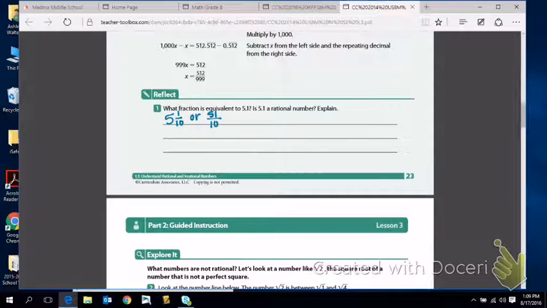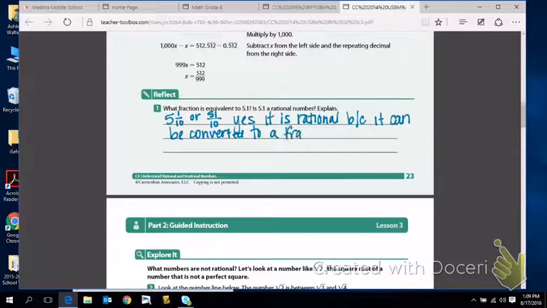We know this number is rational because it can be written as a fraction. We also know it's rational because it was a terminating decimal.